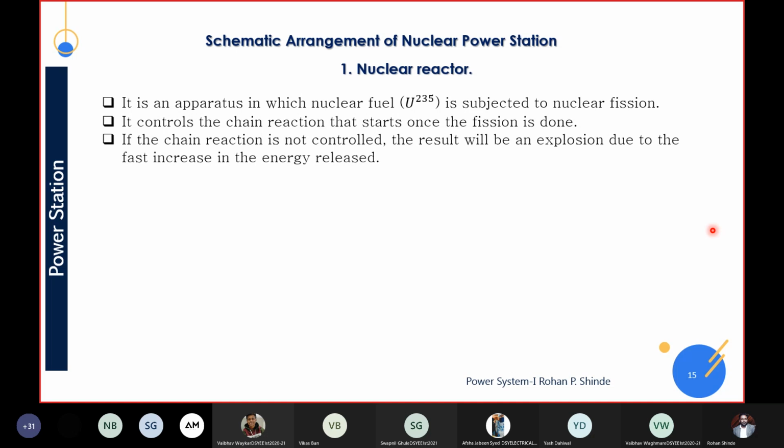If chain reaction is not controlled, it will result in the explosion. Okay, so this is the nuclear reactor. So nuclear reactor is an apparatus in which nuclear fuels like uranium, thorium are subjected to nuclear fission. This nuclear reactor can control the chain reaction that starts once the fission is done.